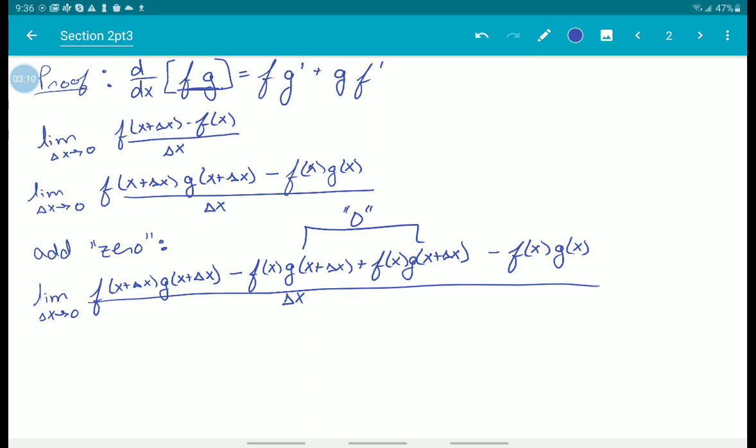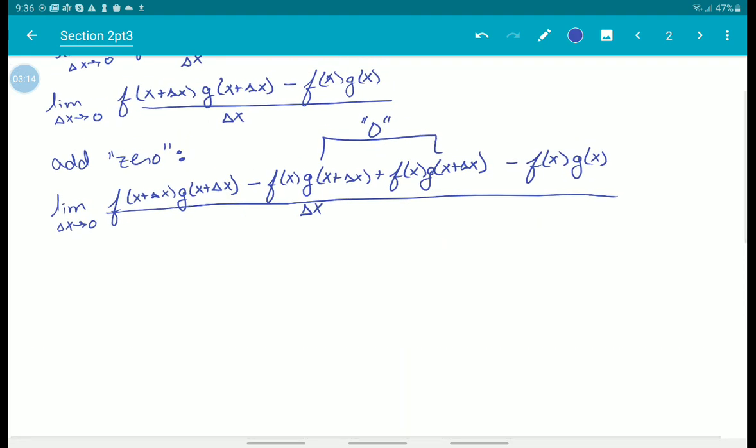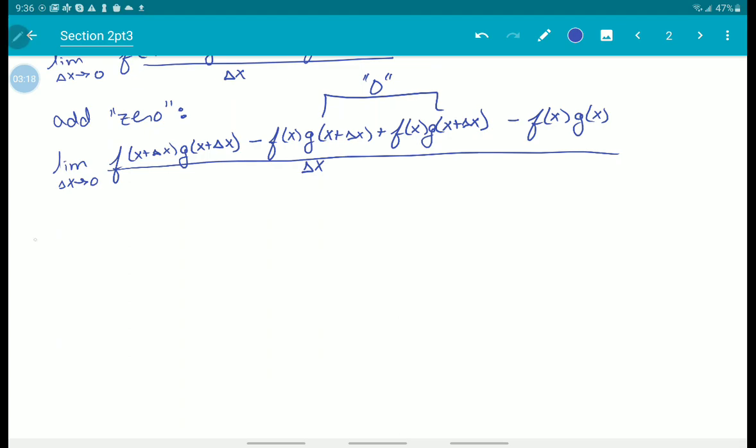So that's the goal. So now we're going to do some fancy grouping here. I'm taking the limit as delta x goes to 0. So notice that these two terms have that g of x plus delta x in common.